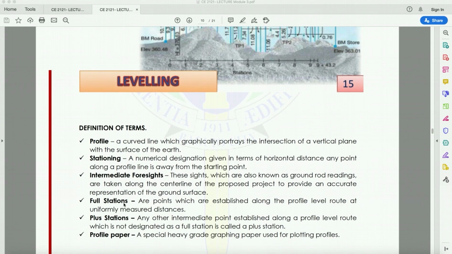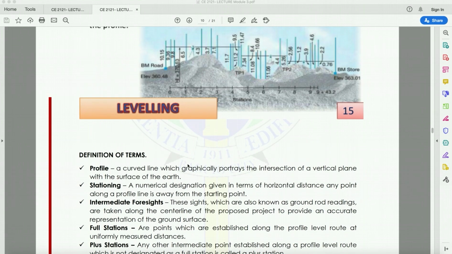So, full stations are points which are established along the profile level route at uniformly measured distances. So, these are uniformly measured distances, 0 to 1, 1 to 2, 2 to 3, 3 to 4, 4 to 5. Uniform ang distribution ng distance niyan. Therefore, we call this full station.